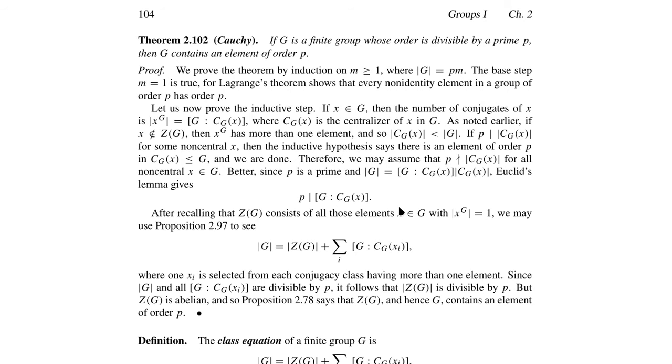The order of G is equal to the index of the centralizer times the number of elements in the centralizer of X. So this is confusing because of the notation, but this is directly from the counting formula that we know.